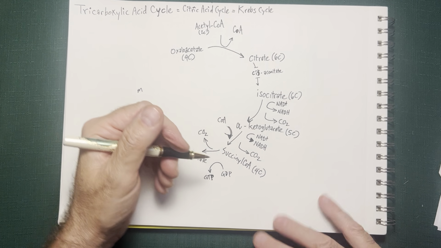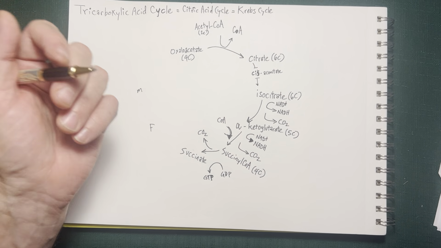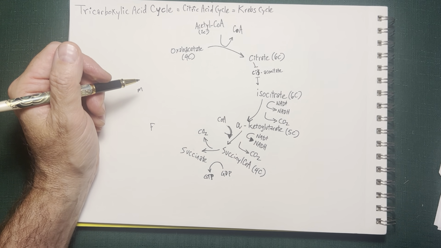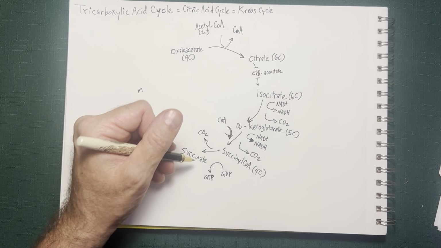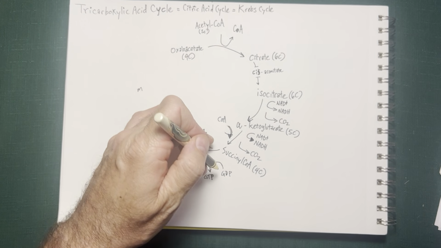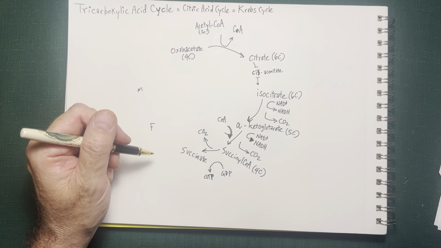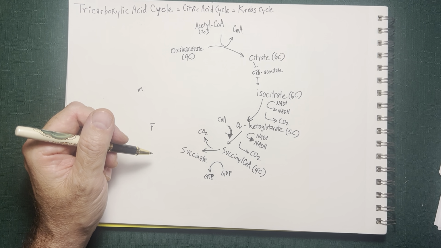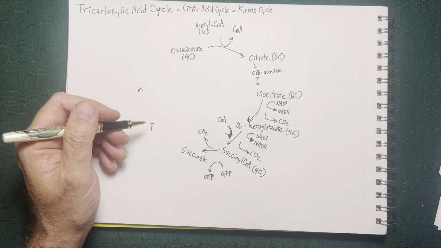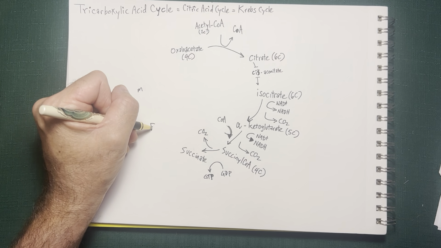So in our text, it says this step produces GTP, whereas in previous versions of this course or previous biology courses, you may see that this 6 o'clock step here makes ATP. But GTP, just as good as ATP, just used for different things.